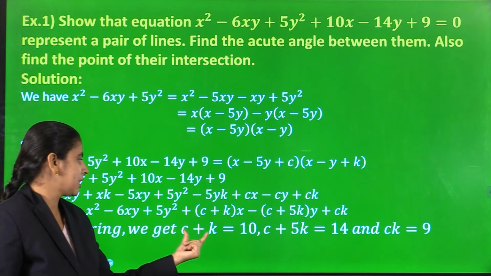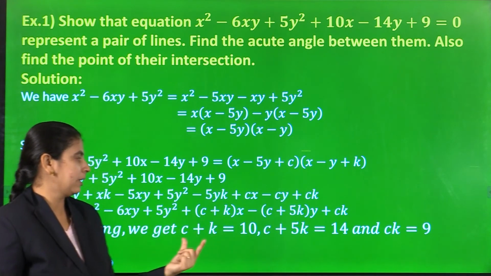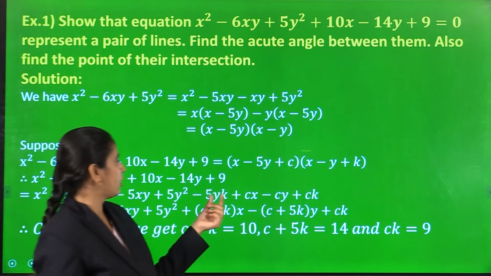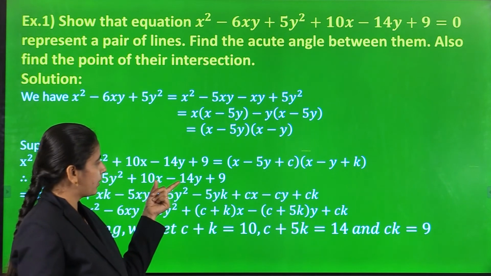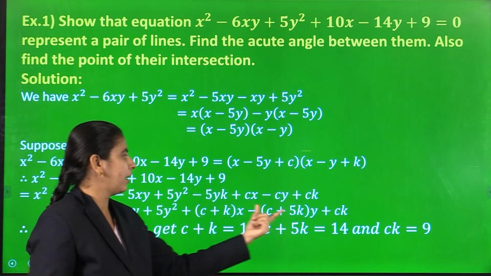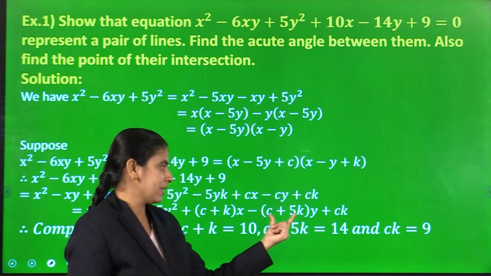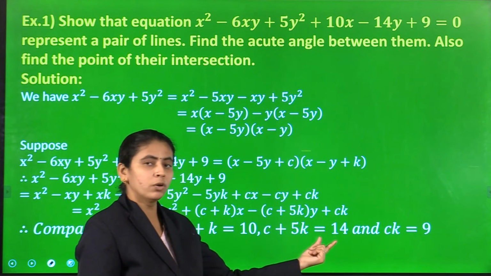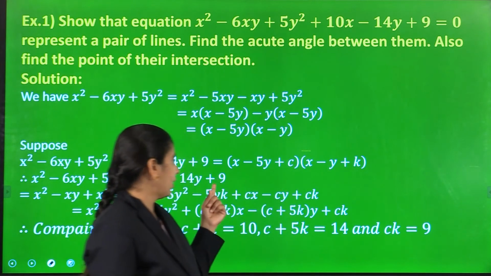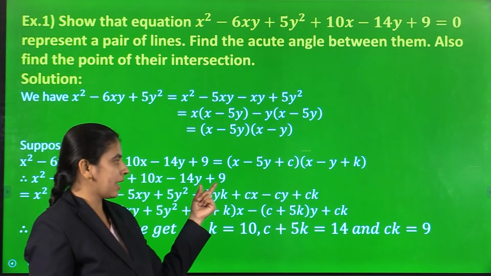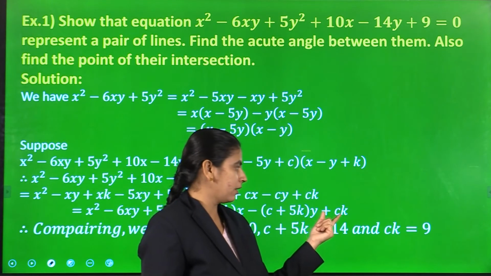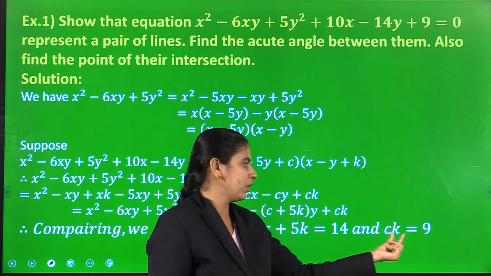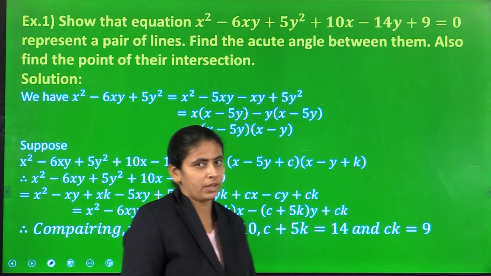So you get c plus k equal to 10. Then compare the coefficient of y. In the left hand side the coefficient of y is minus 14 and in the right hand side it is minus c plus 5k. So you get c plus 5k is equal to 14. And in the left hand side the constant term is 9 and in the right hand side the constant term is ck. So you get ck is equal to 9.